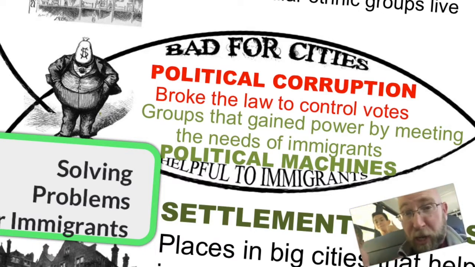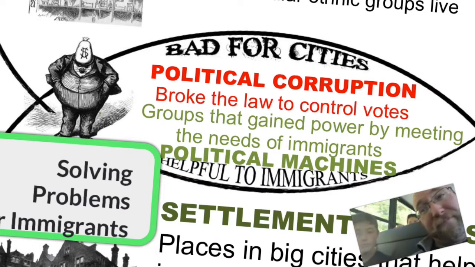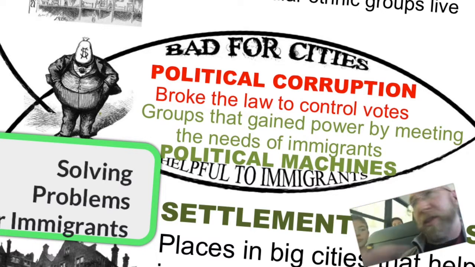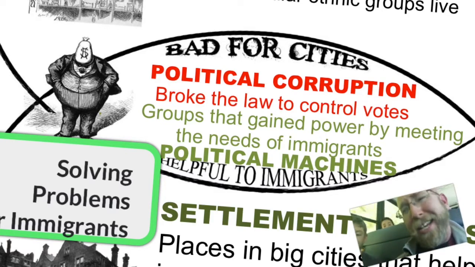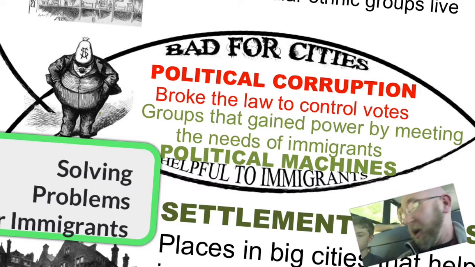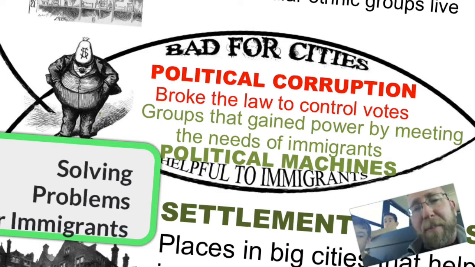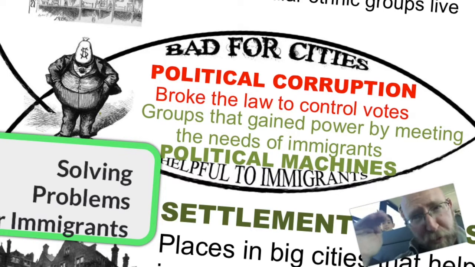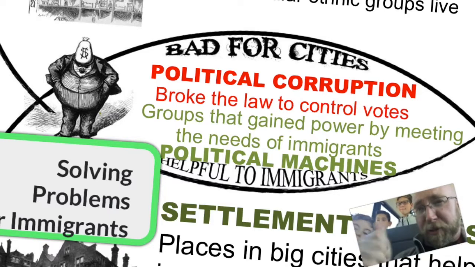They'd say, you give me a job, I'll vote however you want me to vote. I don't care who it is, Republican, Democrat, you gave me a job, I'll do what you say. So corruption's a problem for cities, but is it good for an immigrant? Yes, because you're like, I just need a job, buddy. So corruption's bad for cities, good for immigrants, right?